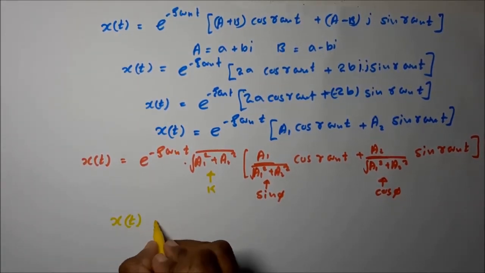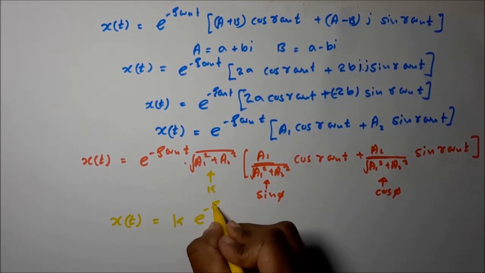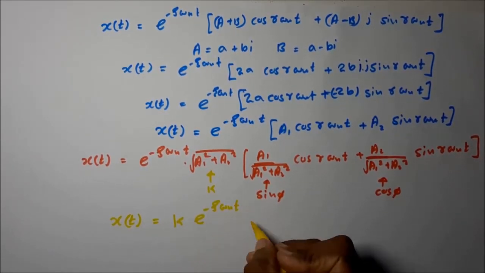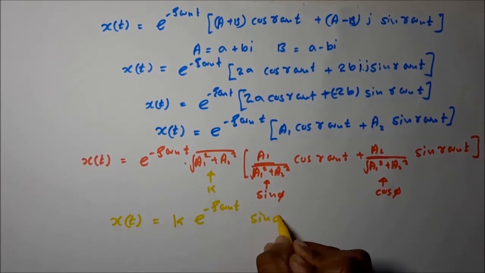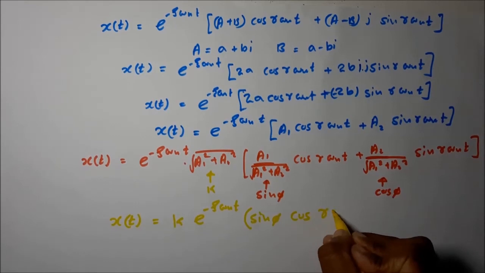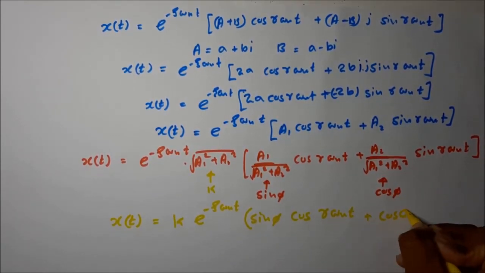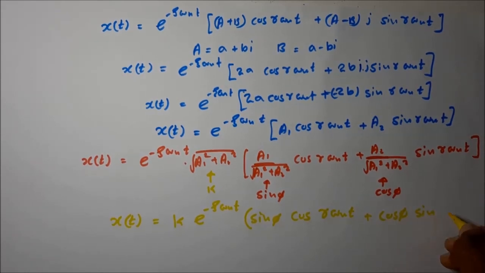So x(t) we can write as k e^(-ζωn t) [ sin φ cos(γωn t) + cos φ sin(γωn t) ].